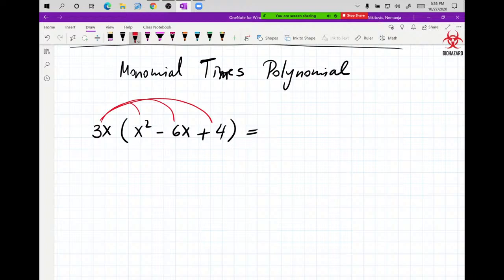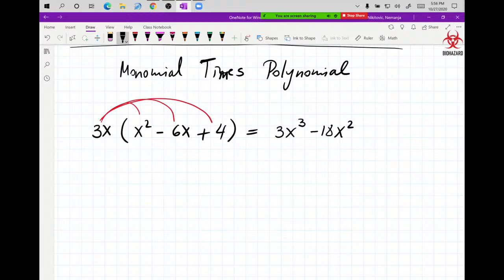Let's take a look. So 3x times x squared is 3x cubed. So 3 has nothing to multiply with. X times x times x, right? That's 3 x's, so that's x cubed. Then I have 3 times negative 6 is negative 18.